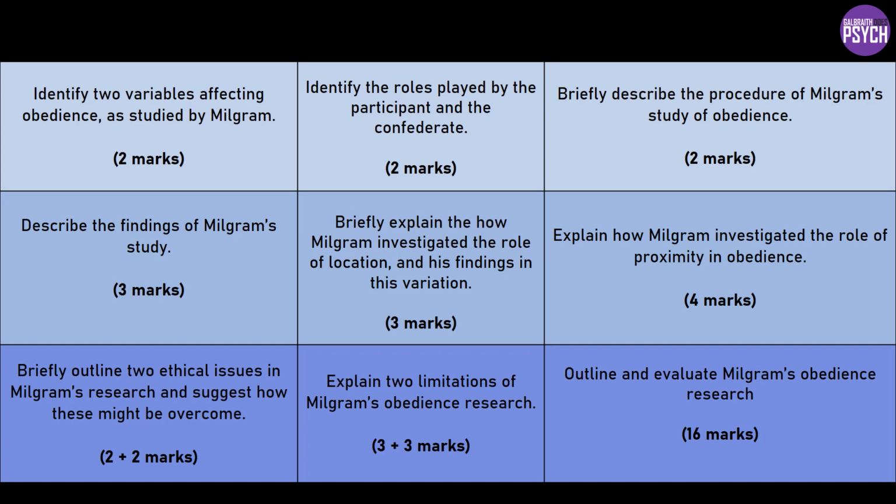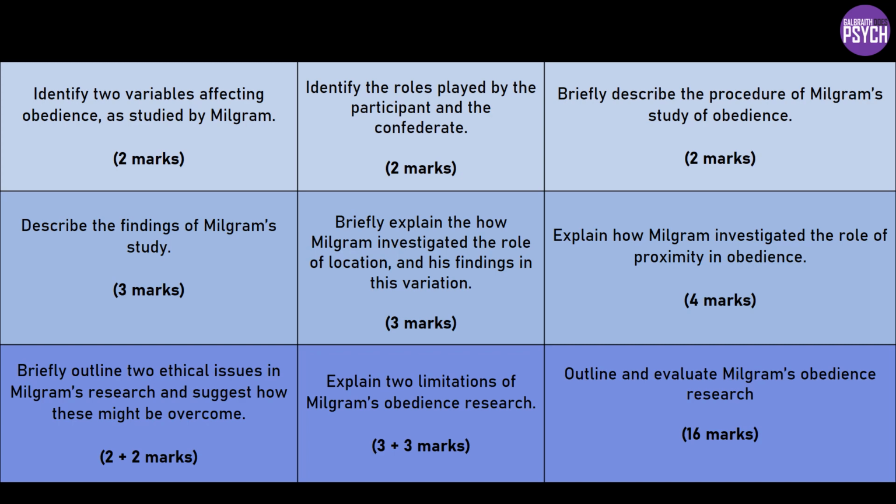These shocks started at 15 volts and they went up in 15 volt increments to 450 volts. Prods were given, verbal prods that is, when the participant stalled or delayed or objected. And Milgram recorded the maximum voltage given. So there's a little bit more than you need for 2 marks there, but those are some of the things that you could say.